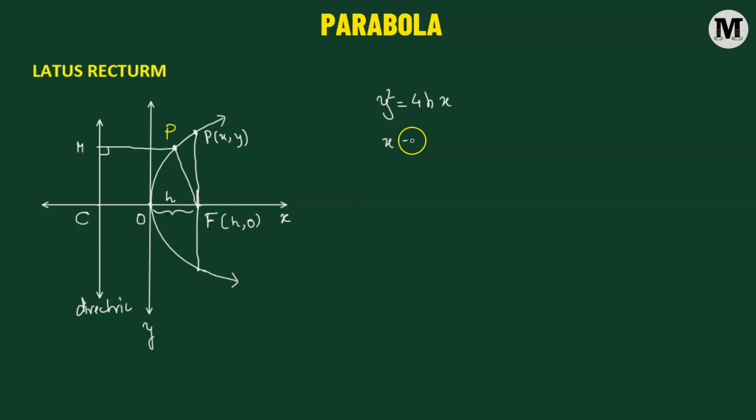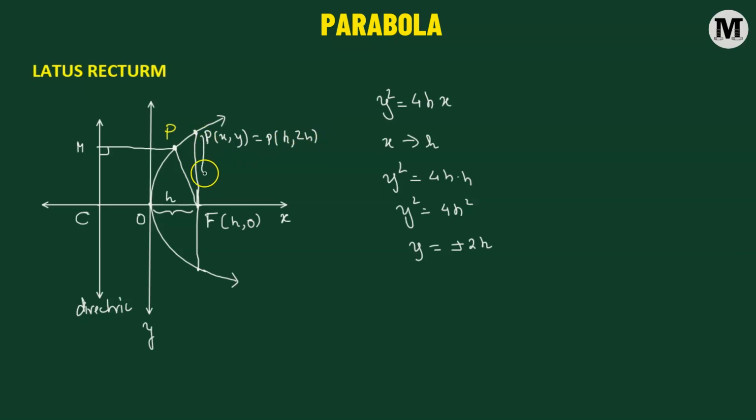So here we can replace the value of x with h, which gives us y squared equals 4h times h, or simply put, y squared equals 4h squared. Now when we take the square root on both sides, y will be plus or minus 2h. So we'll consider the positive value 2h because we are in the first quadrant. So that means the coordinates of point P will be (h, 2h).